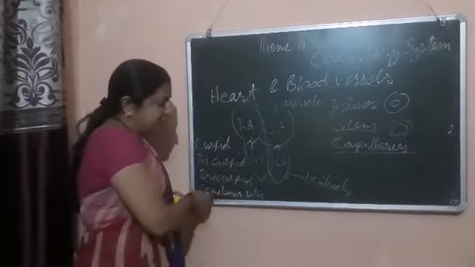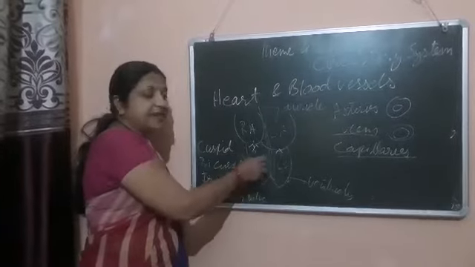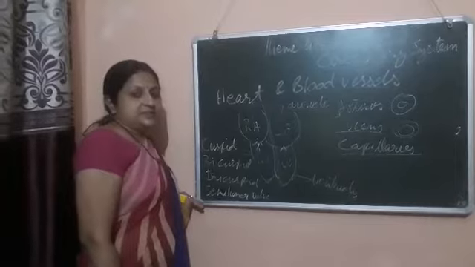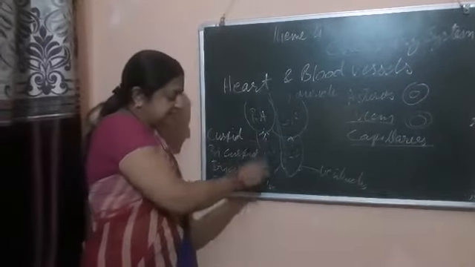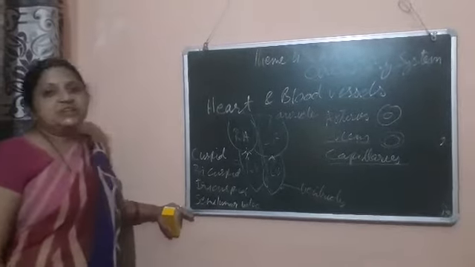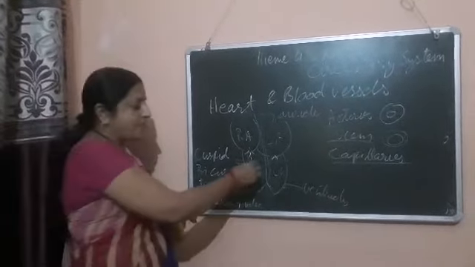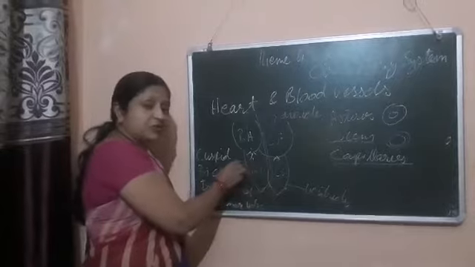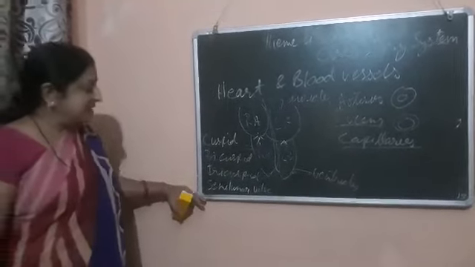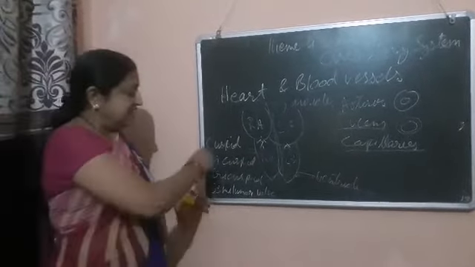Aorta is the largest artery, and the function of these valves is the same. They also prevent the backflow of the blood from the aorta or pulmonary artery to the ventricles. This is all about the valves present in the heart.